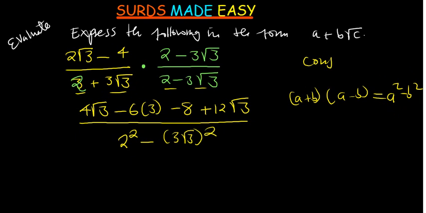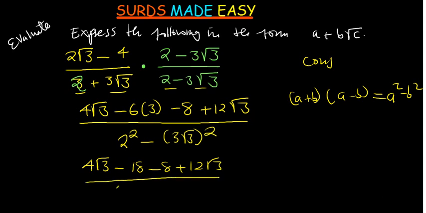All right. So if it doesn't make sense, you can go on and multiply term by term like that, just as we did on top. So on top here we've got 4 root 3 minus 6 times the 3, 18, minus 8, then plus 12 root 3, and then divided by 2 squared is a 4 minus 3 root 3 squared.